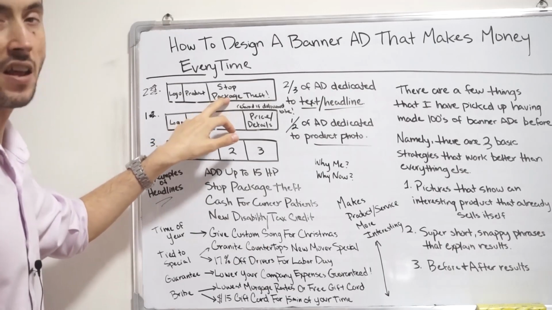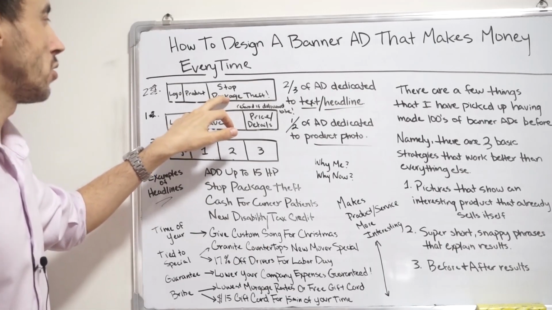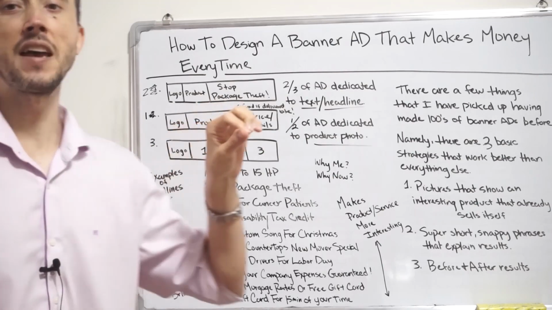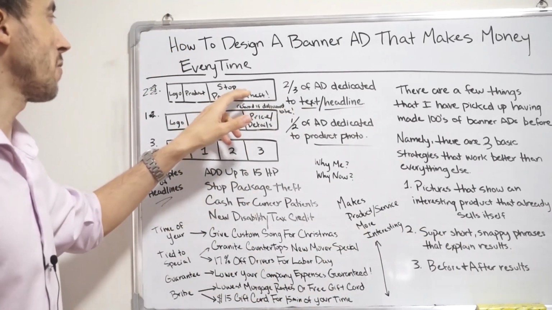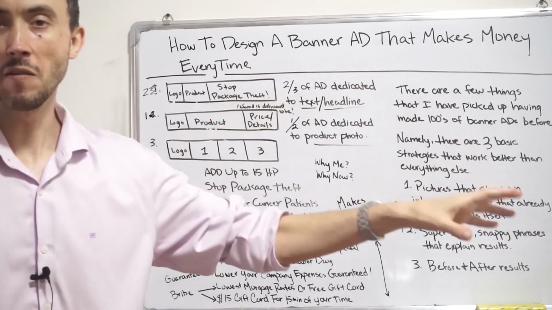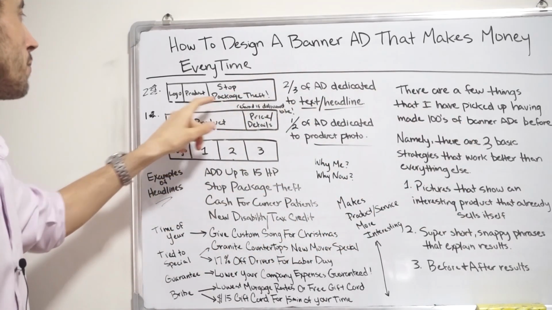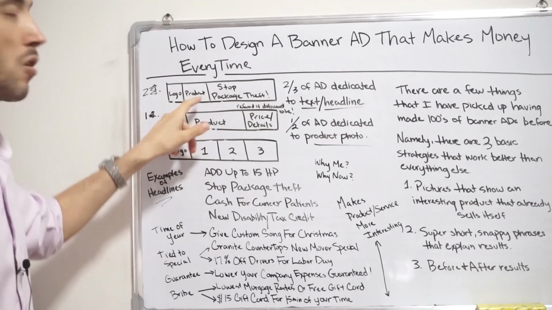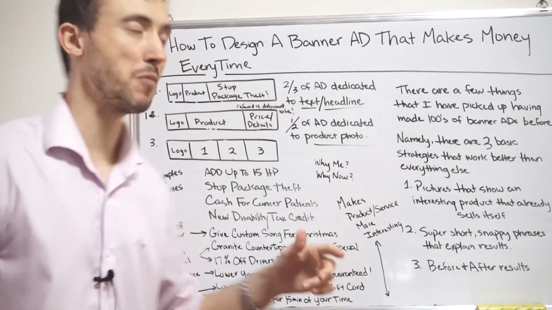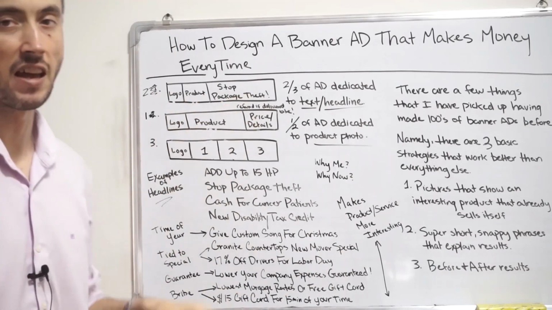Even if you sell a product, lead with a 2 to 5 word phrase that explains what it is that the product's going to do for the customer. And of course, if you have a service, you have that same 2 to 5 word phrase there, and you can have an image. It doesn't have to be a product image, but another image that supports the headline.